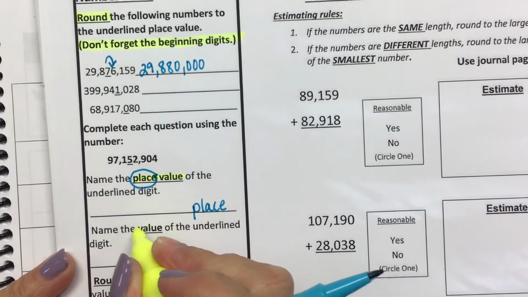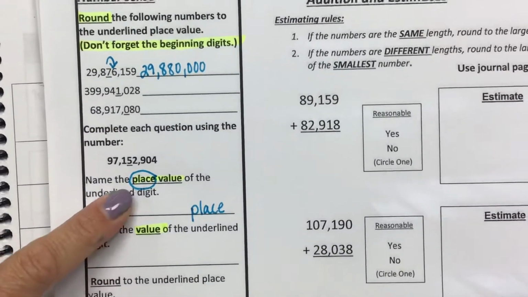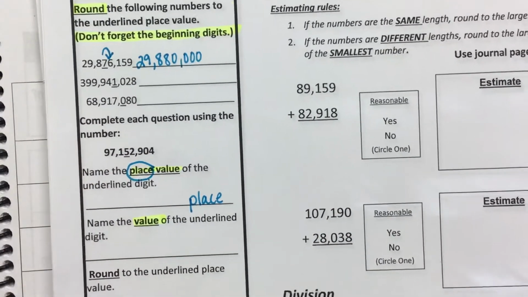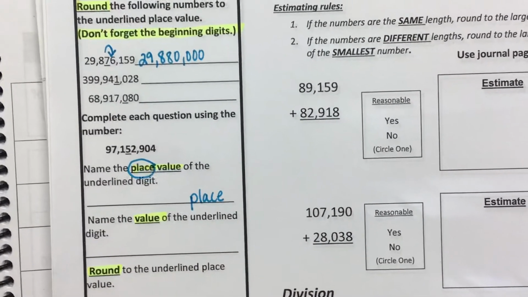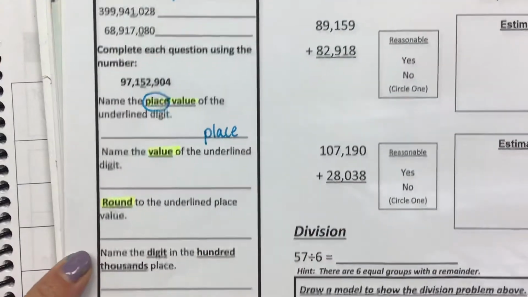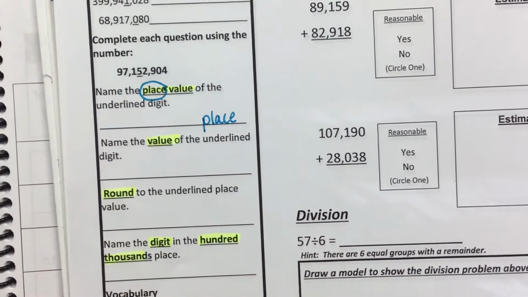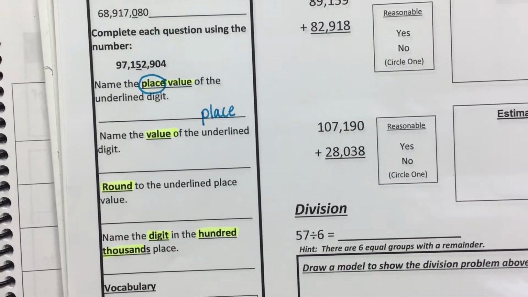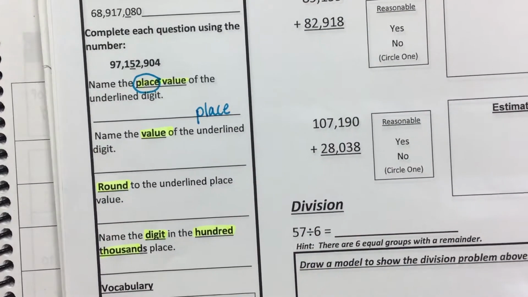Name the value of the underlined digit. That's going to be a number. It's going to be what that digit is worth. And then this one is going to be round to the underlined place value. And then here we're going to name the digit that's in the 100,000s place. Are you highlighting with me?